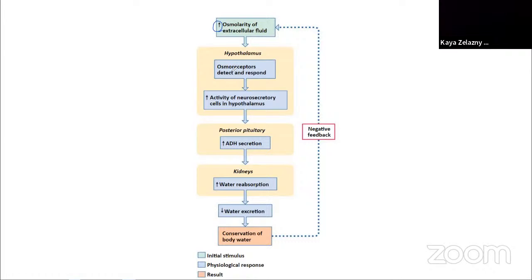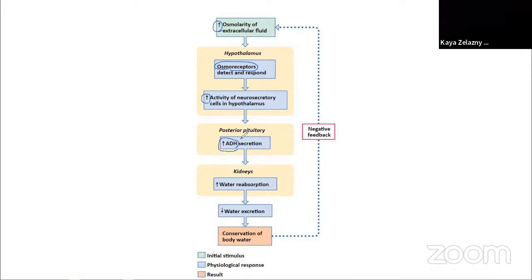So our osmoreceptors are going to detect and respond. And their response is basically increasing the activity of their neurons, which we think of as neurosecretory cells because they also have an endocrine function. Basically, all we mean is they're neurons that secrete hormones, right? So they're secreting specifically ADH.